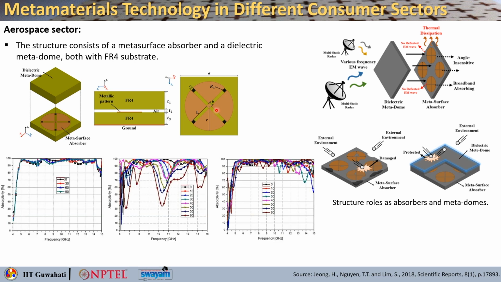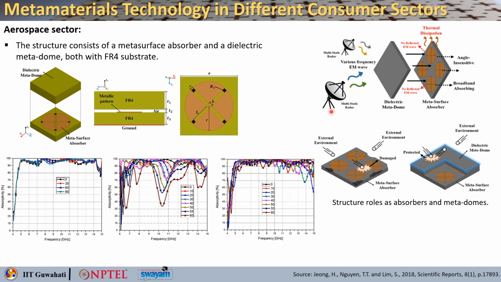So, what is important to see here is that the structure works as an absorber, the one with this unit cell design. That is basically your metasurface absorber, and the dielectric metadome gives you the protection from the external environment.